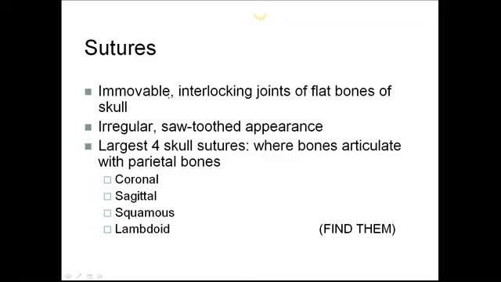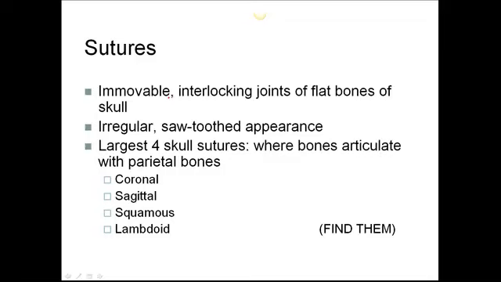The sutures are these interlocking joints. They're fibrous tissue joints. When you're a small child and you're born, your skull is smaller than when you're an adult. So the body has to find a way to grow, right? So those bones are going to grow larger so that your head will become an adult size.